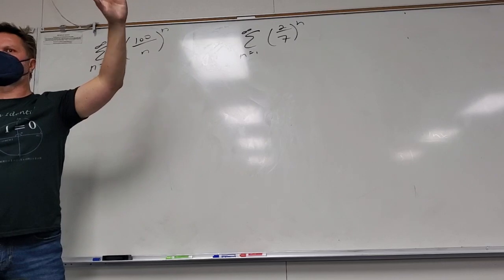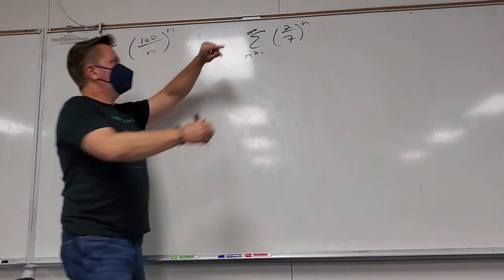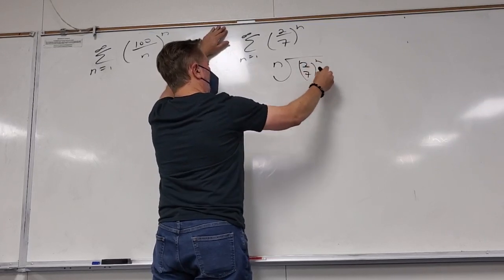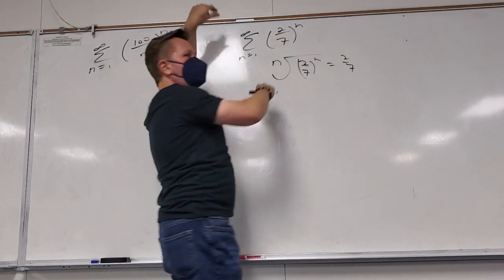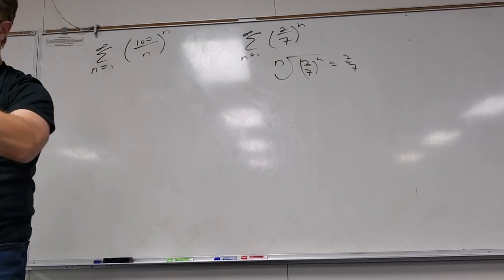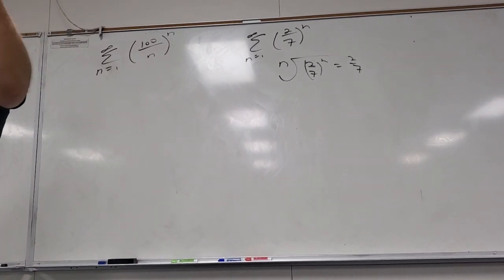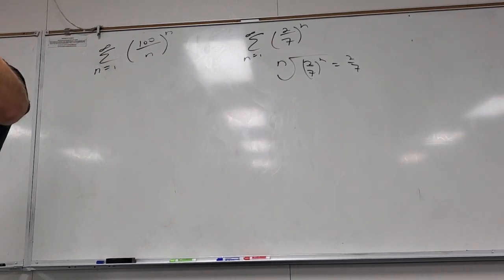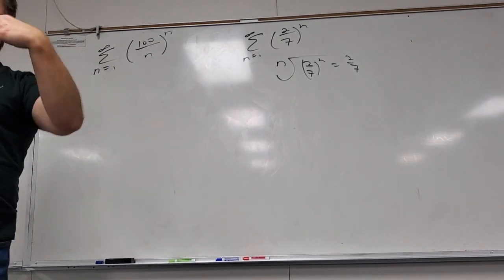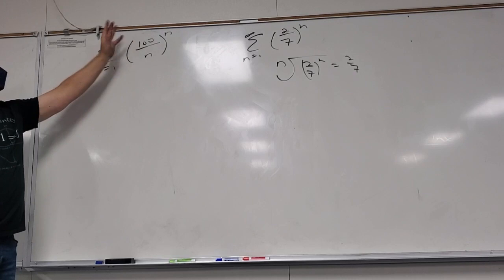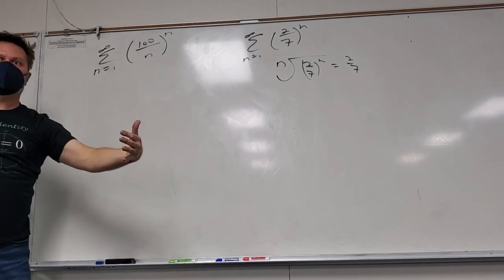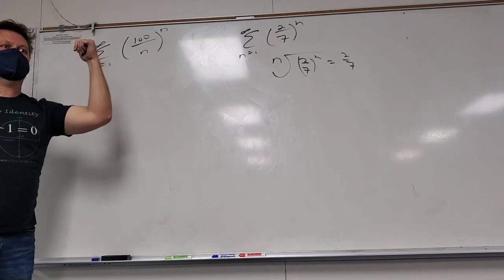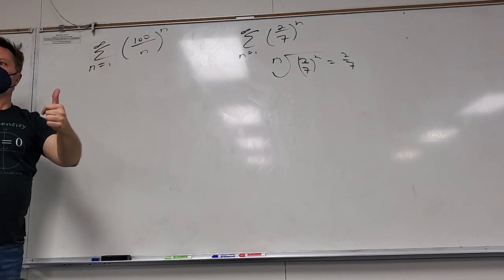Does that converge? What is the nth root of 2/7 to the nth? 2/7. And that, again, is just another, actually more direct, way to get what r is. If I take the nth root of a geometric series, I get what r is, correct? So if I take the nth root of some general series and I get a number, that means in the long term it's acting geometric. It's exactly the same idea. It's just much more direct.